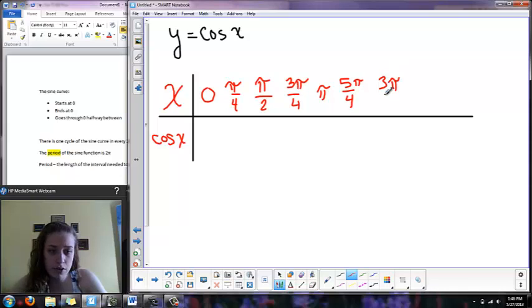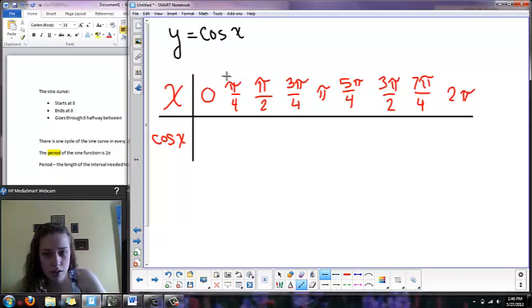So that was 6 pi over 4. 7 pi over 4. And 8 pi over 4 is 2 pi. Alright, so now let me just complete this table really quick.